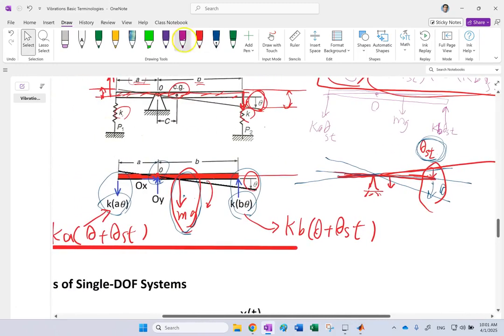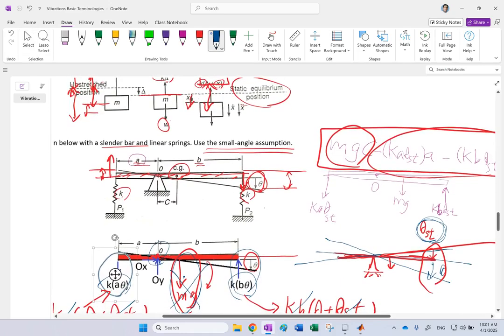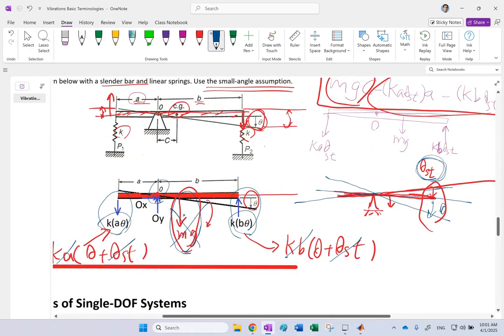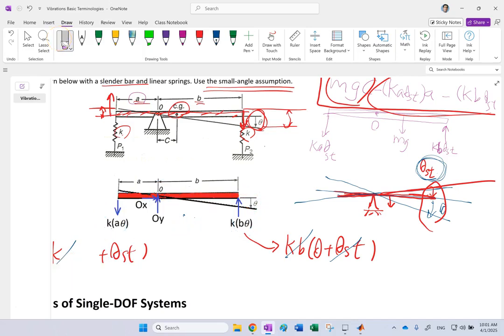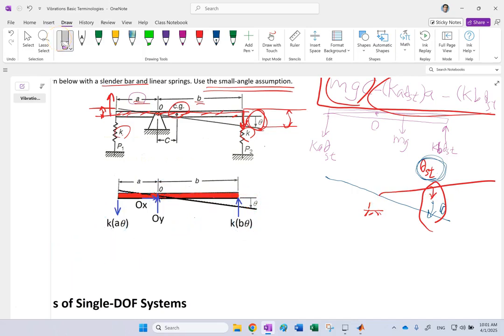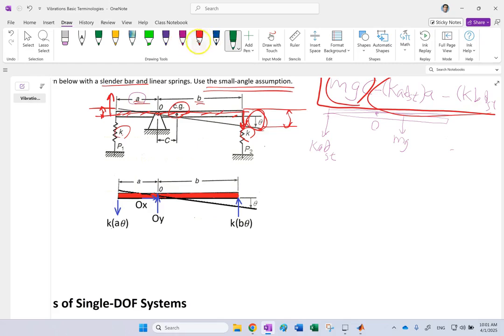But again, this portion would cancel this mg based on what I just showed you above. Therefore, we can leave out mg and those static ones and make it a lot simpler by simply doing this FBD. In this FBD, I did not show mg, and I did not show the static thetas anywhere. Why? Because I'm measuring everything from static equilibrium, I can just cancel those. This could be a little bit misleading if I don't explain all of those previous steps.